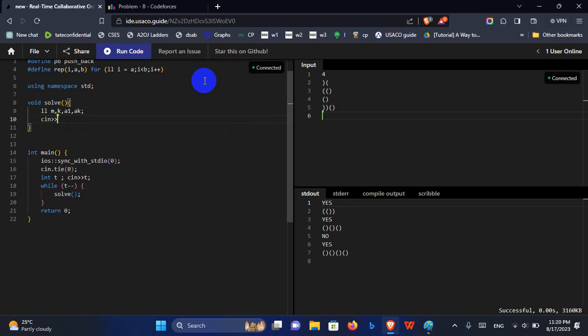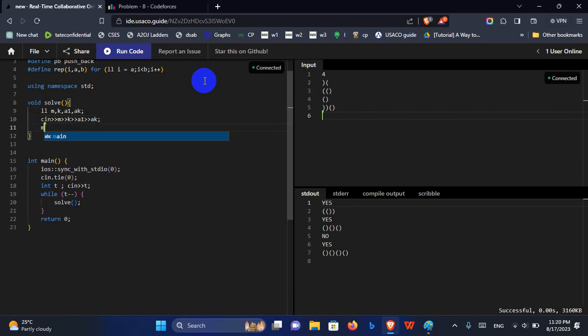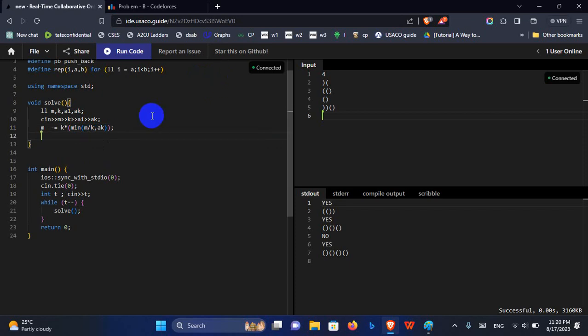Then we will input a1 and ak. After this we will subtract k times minimum of m over k and ak, as we did in the discussion part.